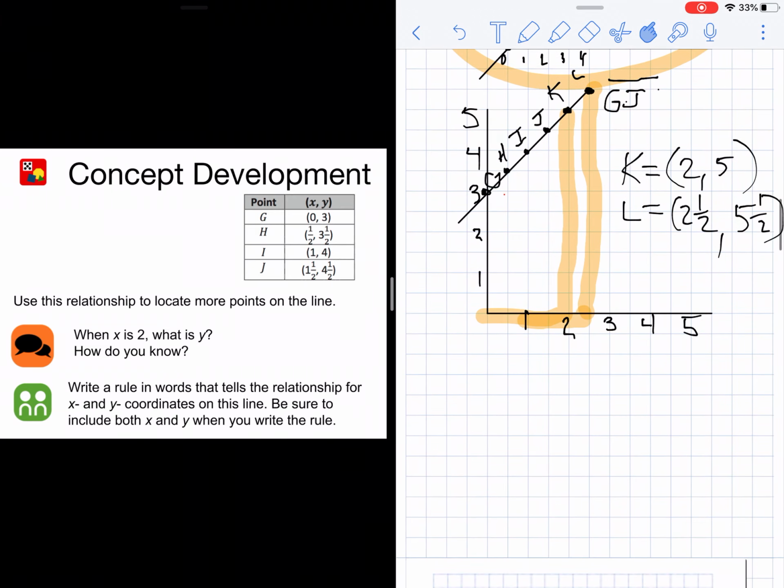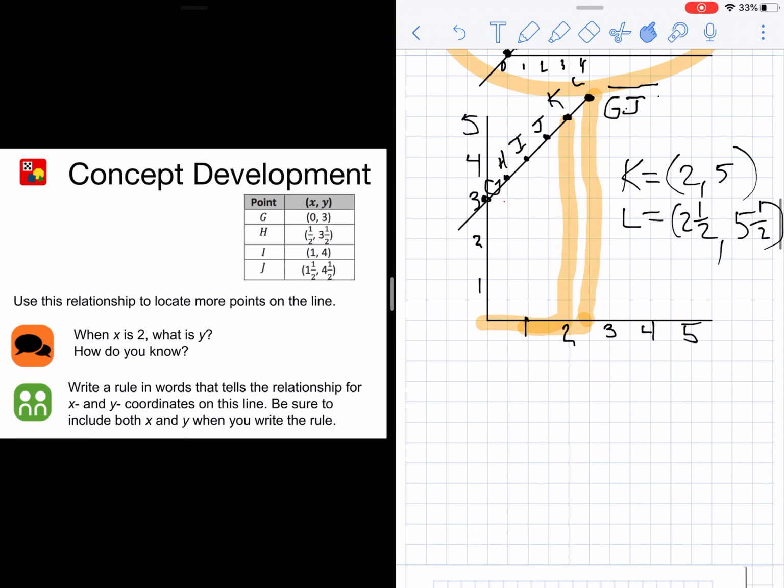So now what you're going to do is write a rule for this one. What is the rule? Remember that these points are collinear, which means that the relationship between each x and its corresponding y will be the same.